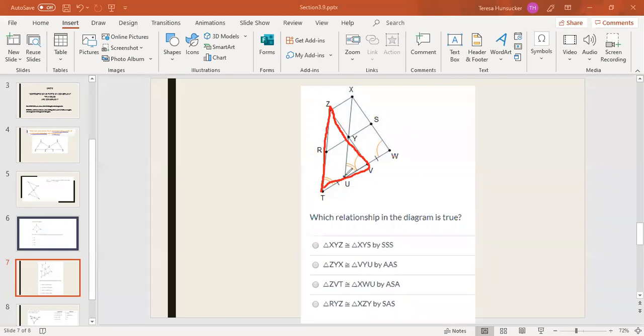Which is right here. And if you look, angle T is congruent to angle W. So that's a pair of angles, okay?